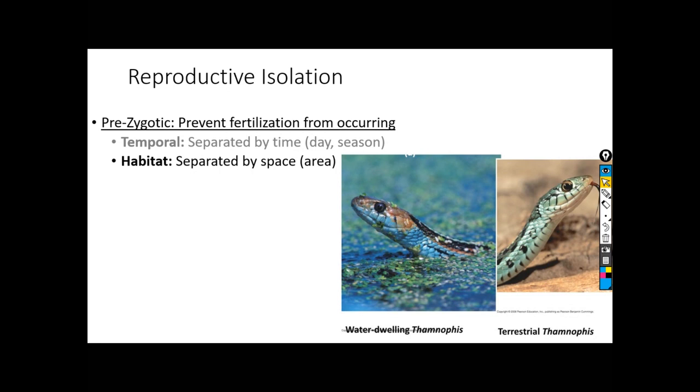We have very closely related species, for example, a sister to the garter snake, and one tends to live on land or in very broken, sandy areas. The other lives, breeds, and lays its eggs along the shorelines and in the water, right? So these two guys would not meet.